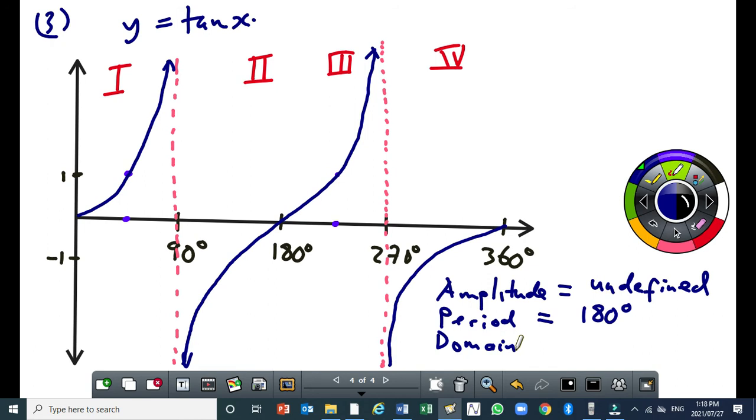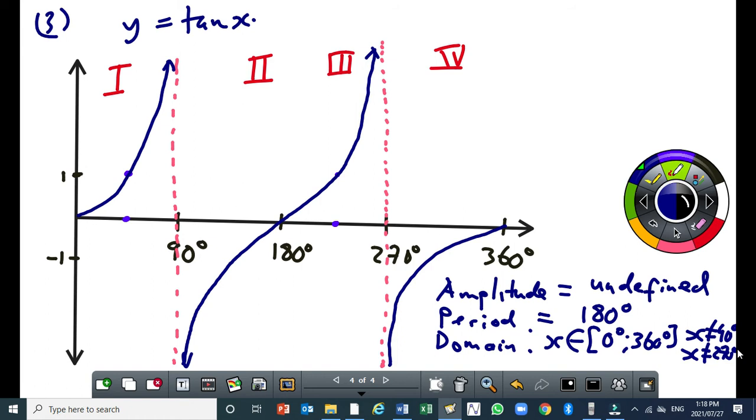X cannot be 90 degrees and x cannot be 270 degrees. So we'll say x is between 0 degrees and 360 degrees, but x is not equal to 90 degrees and x is not equal to 270 degrees.